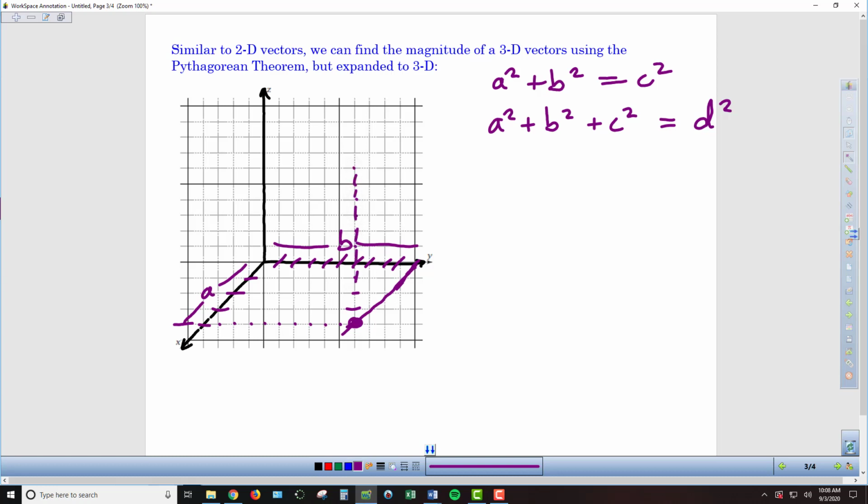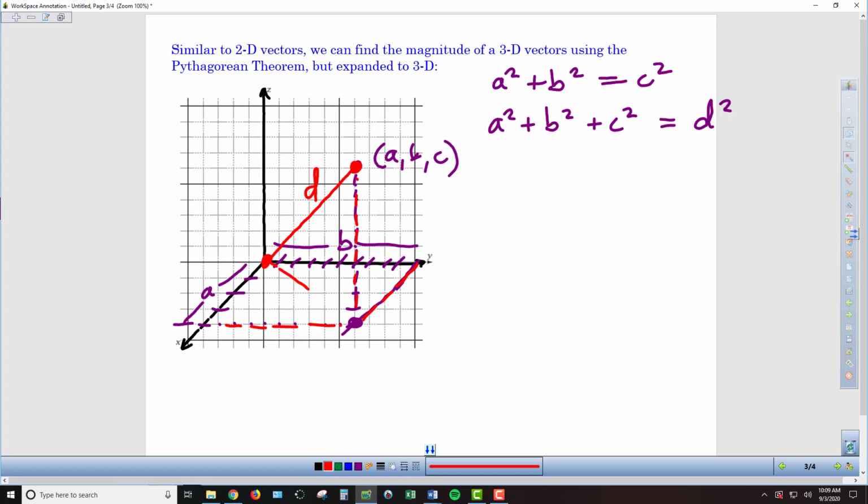So if we can kind of picture it, this is my point (a, b, c) that is floating above the xy coordinate plane that is popping out of the screen at us. And so then the distance that we're interested in is this distance here, d, coming from the origin to this point that is floating above this xy coordinate plane.